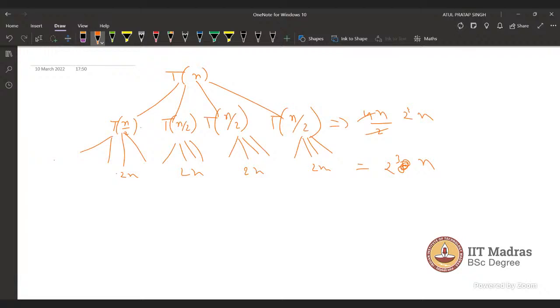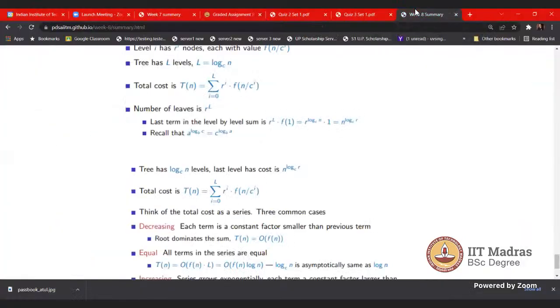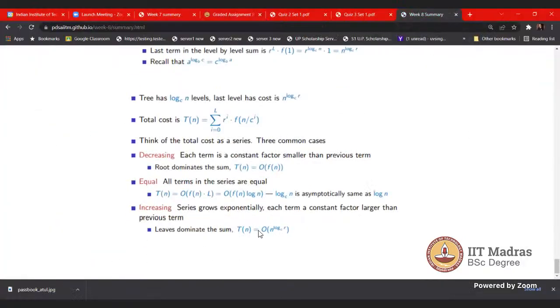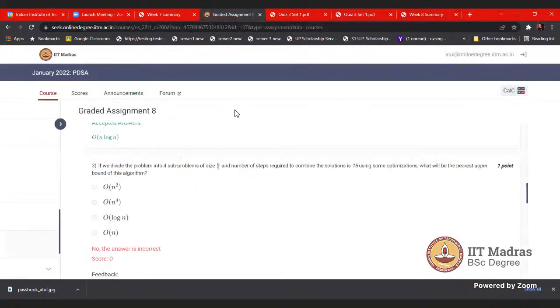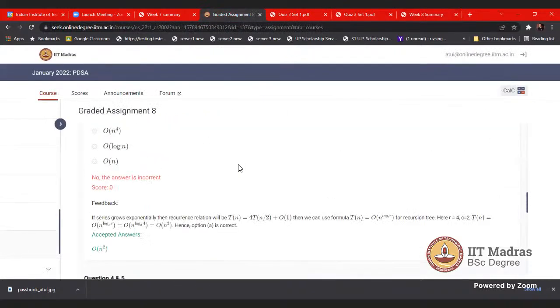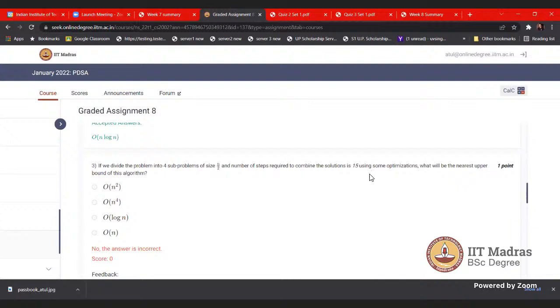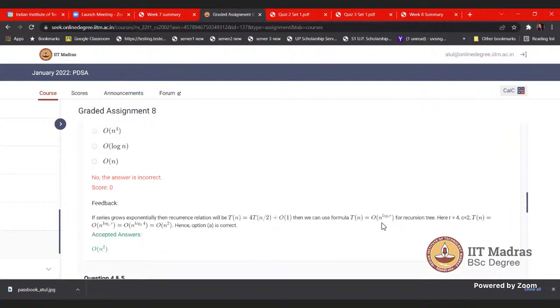So in that case, if the size of each level is increasing exponentially, we use this formula, T(n) = n to the power log c r. The c value is the constant value given.